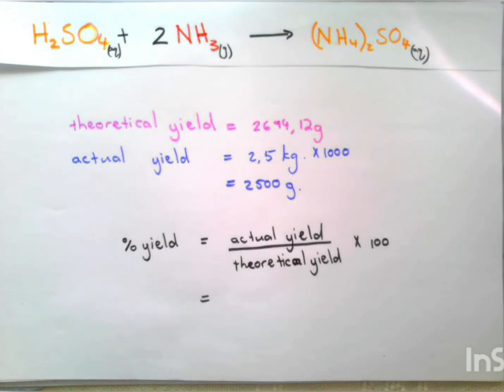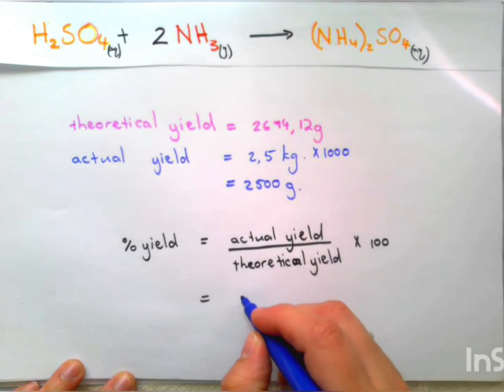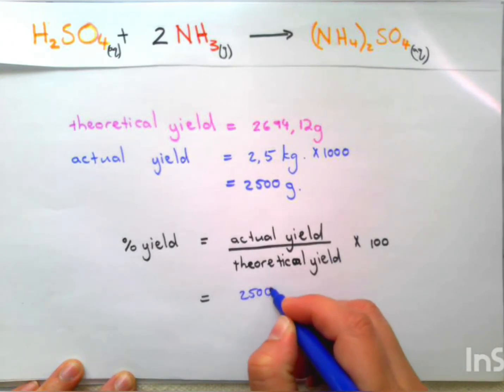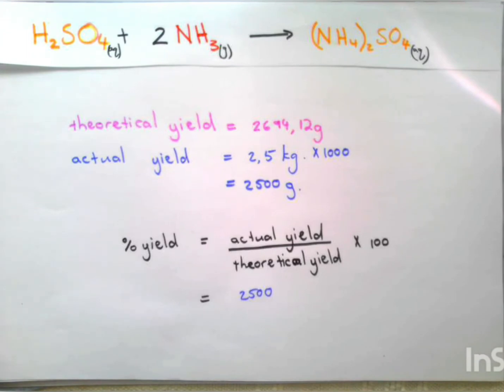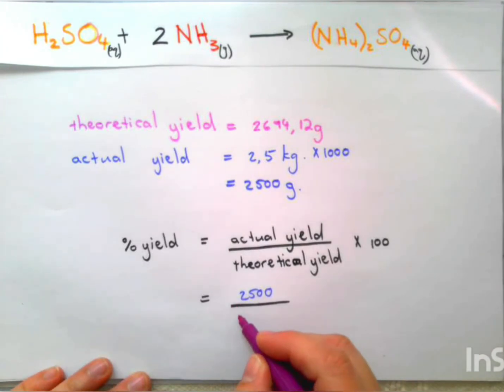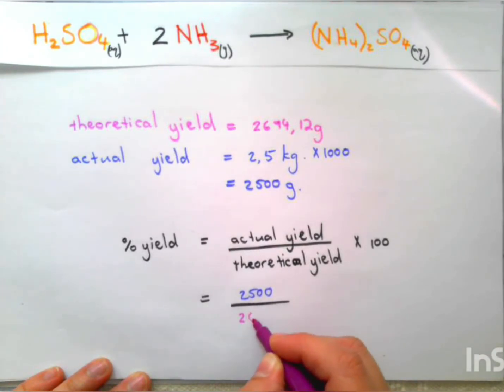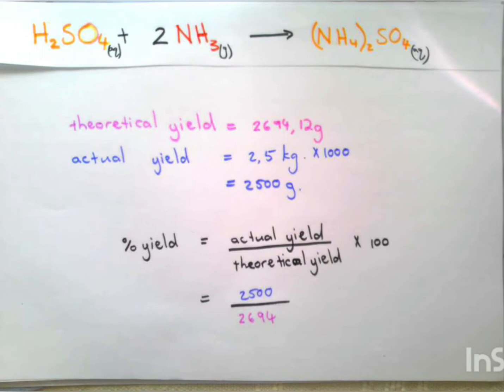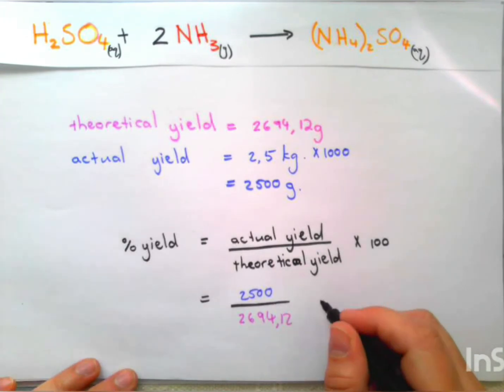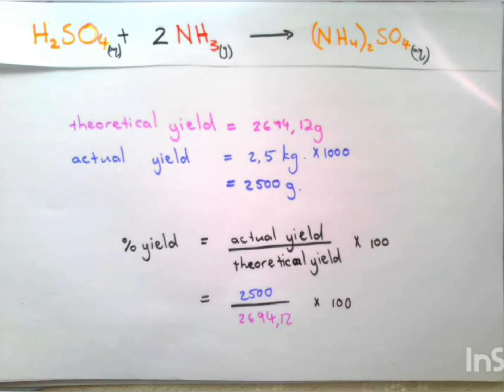Obviously, we can't go into the factory and determine this for ourselves, so they have to give this in the question. So it's 2,500 divided by 2,694.12, times 100.